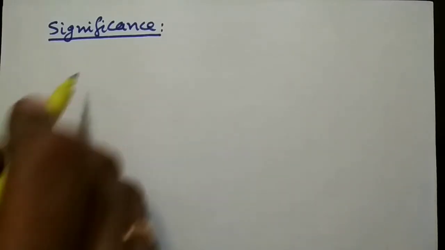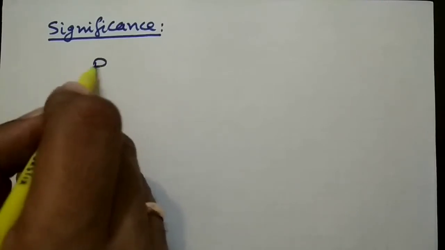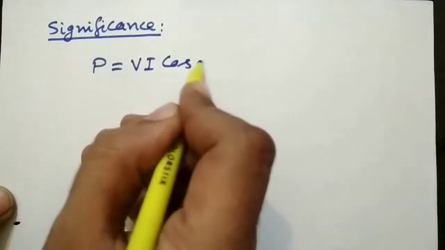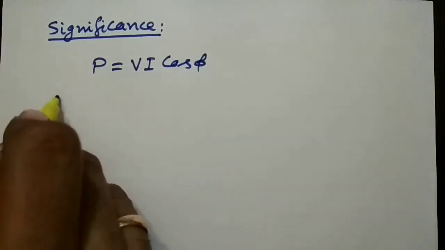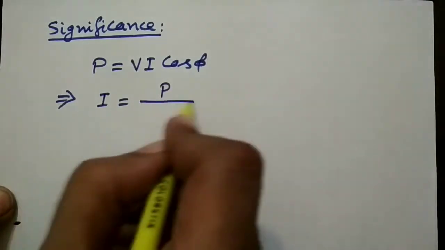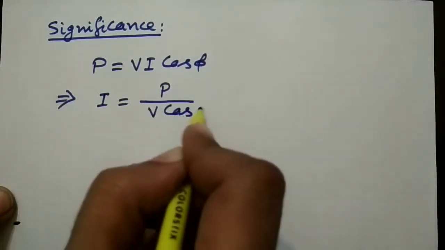Significance of the power factor. From the formula of the active power, we have seen that P is equal to VI cos phi, or we can write I is equal to P upon V cos phi.